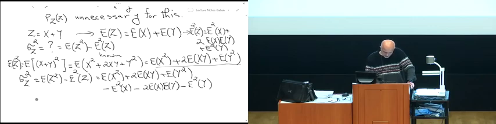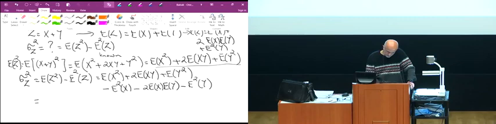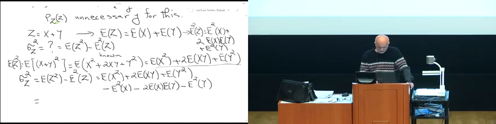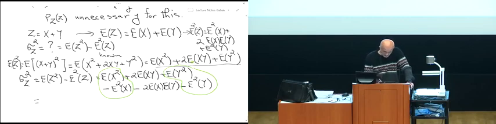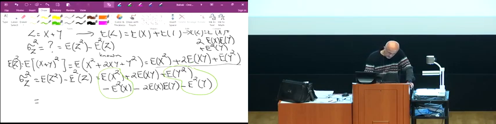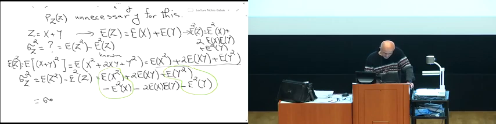What do you see emerging here? What can you tell me about these two terms? And what can you tell me about these two terms? They are variance of x and variance of y. So this first green blob is the variance of x.